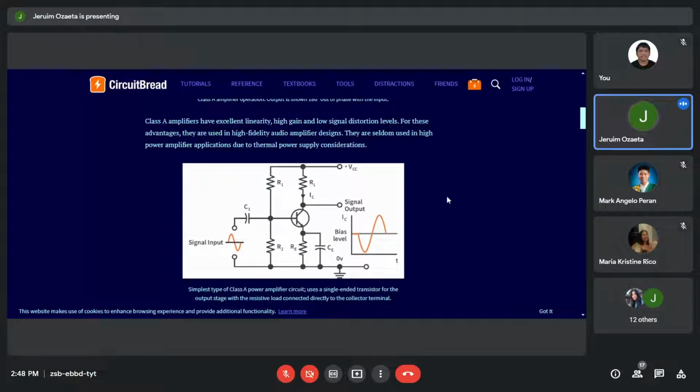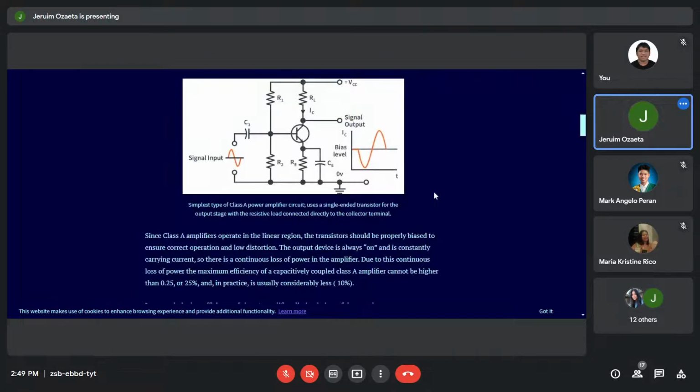Okay? Now, as to why this is called Class A amplifier, it's because all the time, the transistor appears to be in the conduction state. The transistor is on, in the conducting state, even when the signal input is zero. Okay?